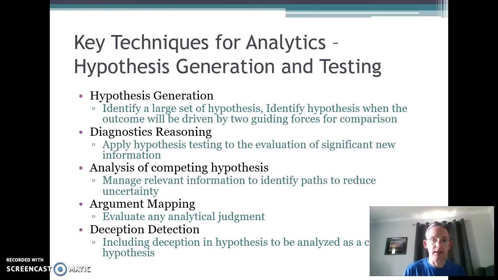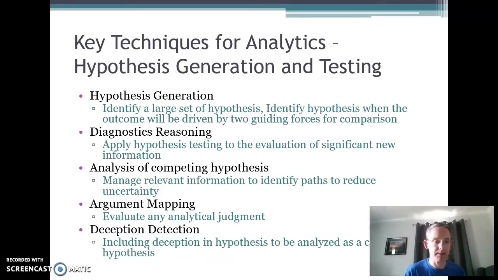And then from hypothesis generation, this is one of those things that you're looking at and saying, well, there's a number of ways we can do this. We look at hypothesis and say, what are all the possible possibilities? We look at it and we say, well, how are we taking multiple hypotheses instead of just picking one? We actually compete them together to see which one comes up better.